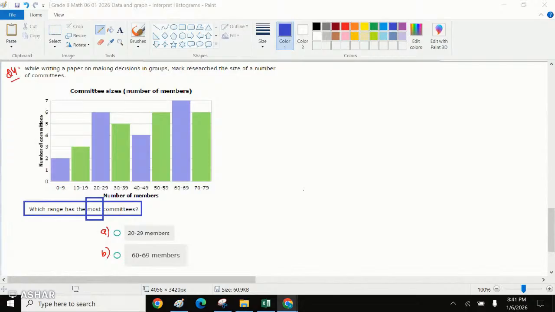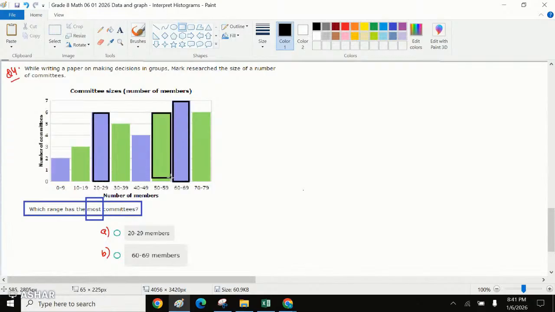Is 70 to 79 highest or 60 to 69 highest, right? We look at the grid, right? We look at the bar with the highest, or the bar highest will be our requirement, right? Because they are asking for the most. Okay, they're not asking us to compare, they're asking for the most.